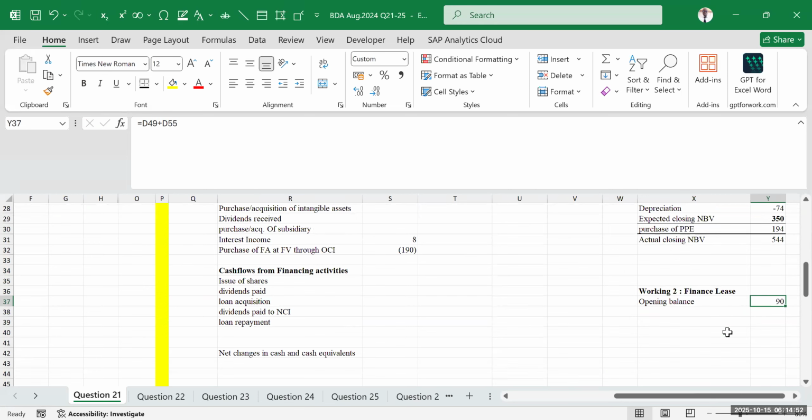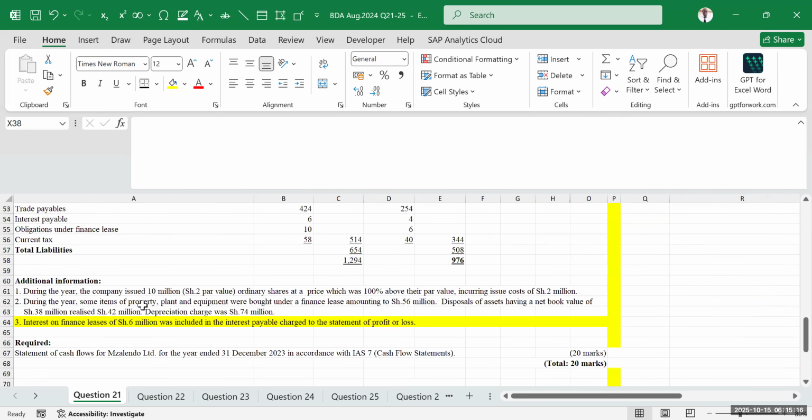But during the year, we recognize any additional finance lease because it will also increase our obligation. This is the total liability we are opening the year with, and we recognize any additional liability related to lease. That's where I want to take you to note number 2. We were told that some items of PPE were bought under finance lease, amounting to 56 million.